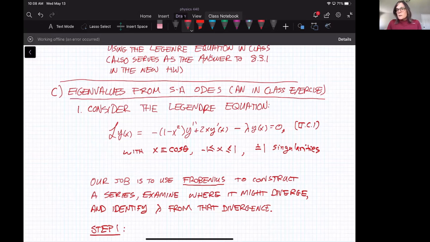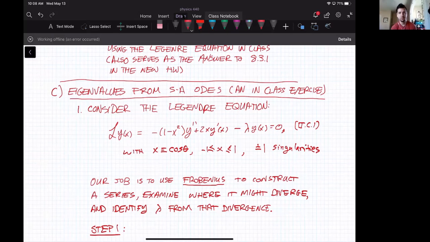And in fact, you can see from the form of C.1 that there are two singularities or singular points, that is x equals 1 and x equals minus 1. And those are going to come into play because one of the things that we're doing is we're going to develop, using the Frobenius method, a series solution. And then the issue is, does that series solution converge?